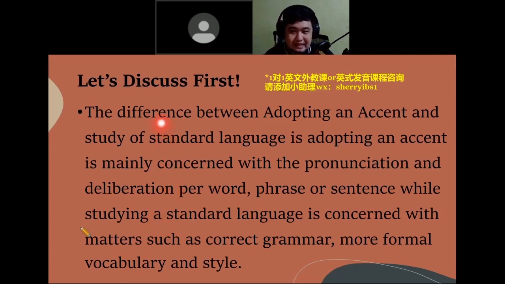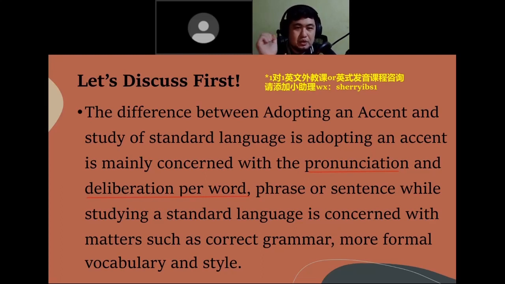Okay, so let's discuss first the difference between adopting an accent and a study of standard language. Adopting an accent is mainly concerned with the pronunciation and deliberation per word. It emphasizes how you pronounce a word, how you say it, and how you deliver the word.